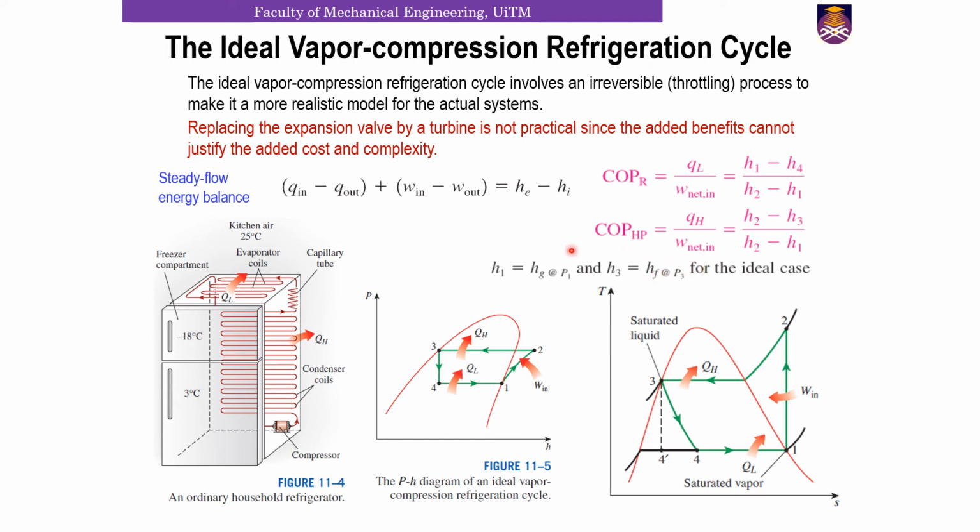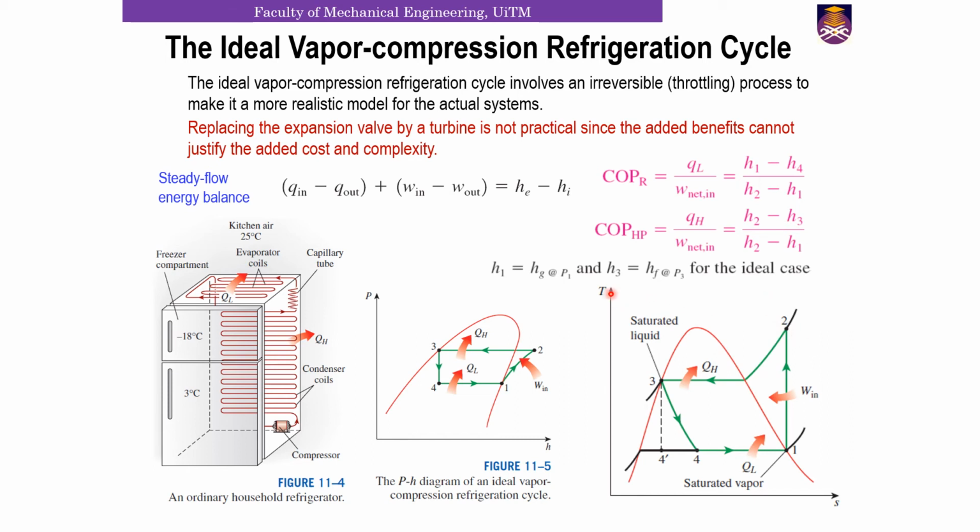So we will then do some exercises, but bear in mind, this is the norm that we use when we find our values for enthalpy at point H1 and point H3. Now what about H2? H1 is saturated vapor, H3 is saturated liquid. What about point 2? Point 2 is superheated, right? So we will look in the table later on at the superheated region.